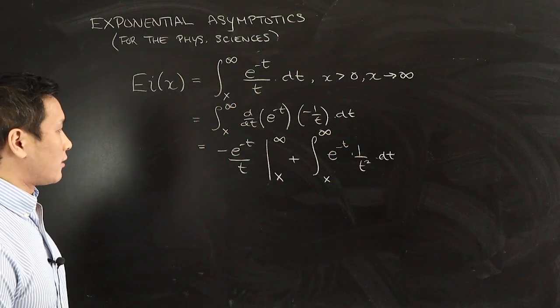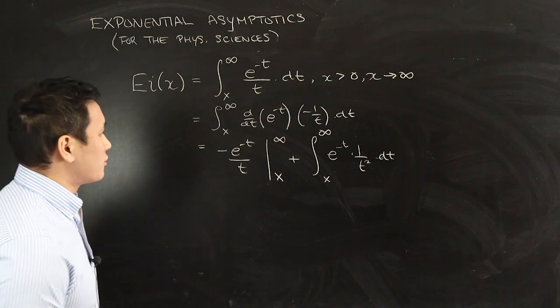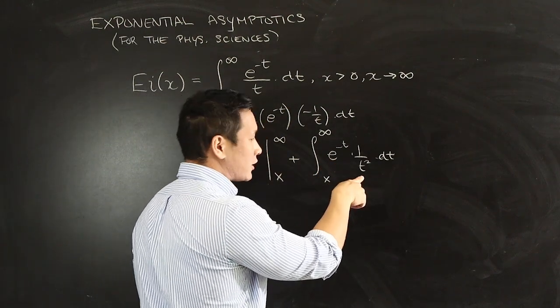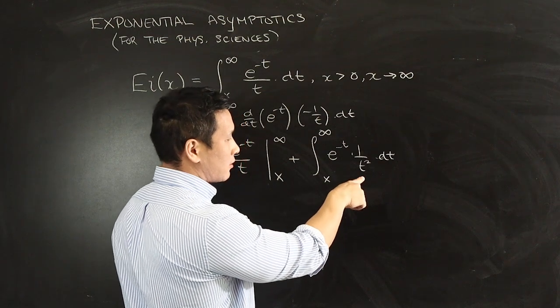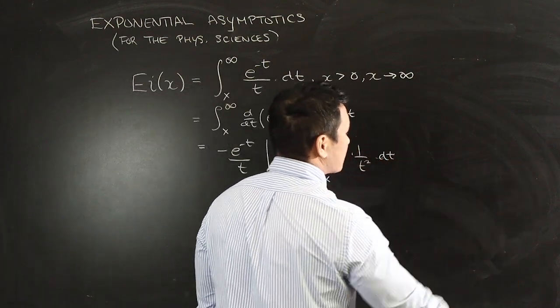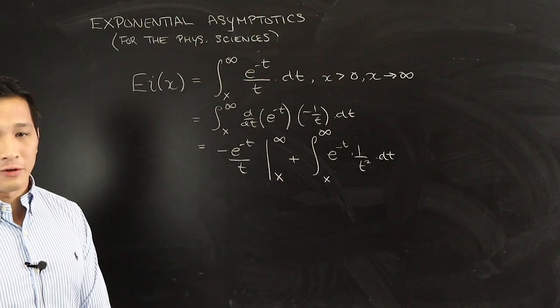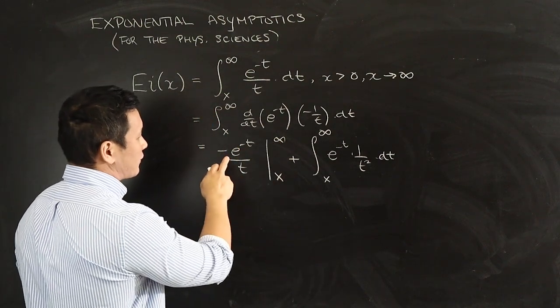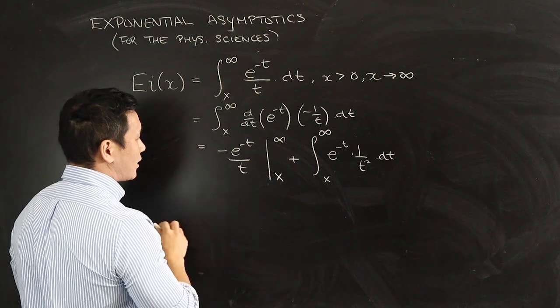If I just keep on cranking the handle, as long as I keep on integrating the exponential and then differentiating the quotient, the 1/t^2, I'm going to get a series in inverse powers of t. As for this first term, the infinity value disappears, and I'm left with the value at x.